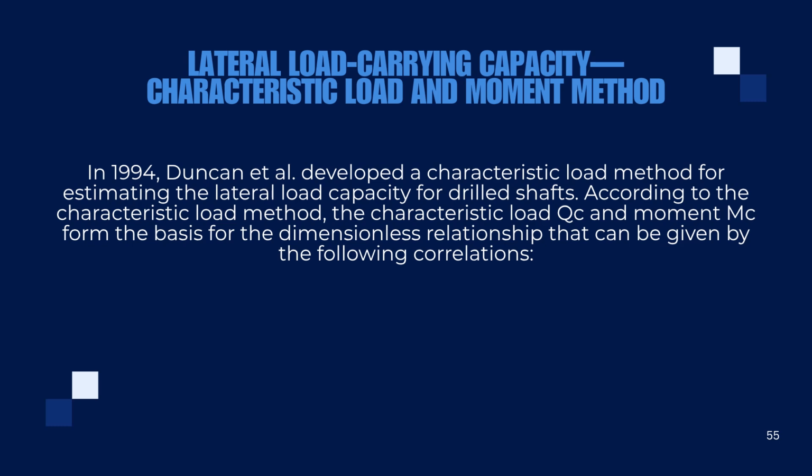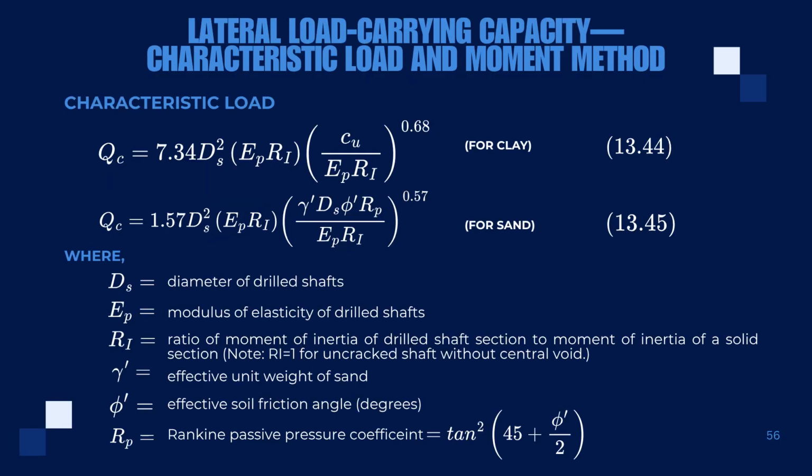These parameters are used to normalize applied lateral loads and moments into dimensionless ratios, which are Q over QC and M over MC, which are then correlated with shaft deflection, rotation, and bending behavior. Using empirical relationships, this method reduces complex soil-structure interaction into generalized design curves, making it an efficient tool for preliminary analysis.